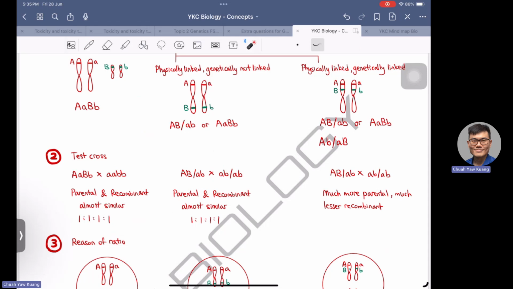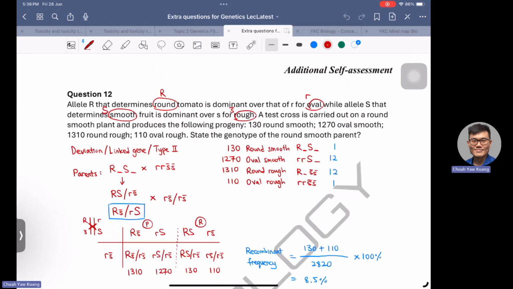Only those that are linked and occur very close to each other on the same chromosome will give you a big ratio for parental and a small ratio for recombinant. For example, it can be 4 to 4 to 1 to 1, 10 to 10 to 1 to 1, 9 to 9 to 1 to 1, or 12 to 12 to 1 to 1, just like this question.